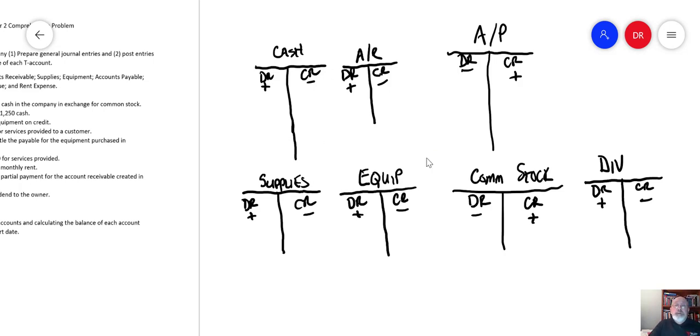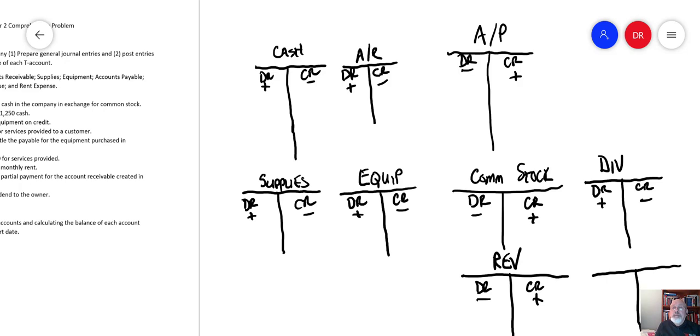And below this, I'm going to put the last 2 equity accounts, which is revenue. And remember, revenue is like liabilities and common stock. With a debit, it decreases. With a credit, it increases. And then the last one is expenses, which are just like dividends.